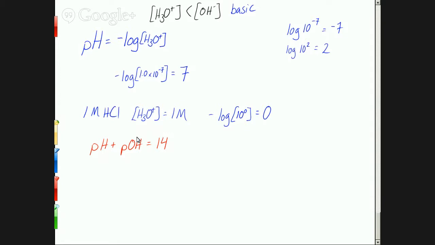So one thing we can do is look at a scale for the pH and think about what's on that scale. The pH scale is going to go from 0 to 14 with 7 right in the middle.